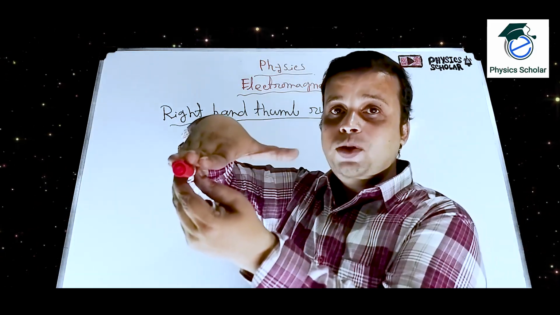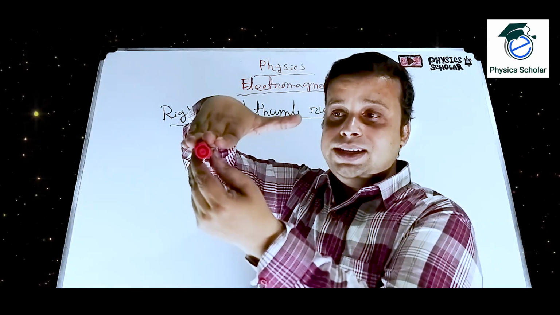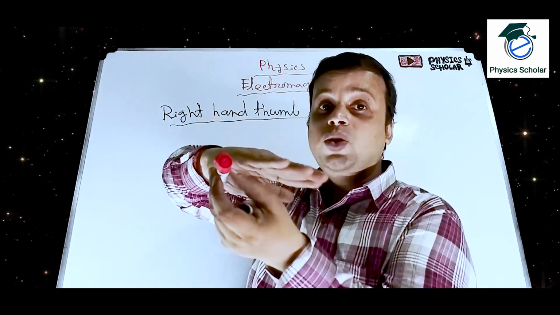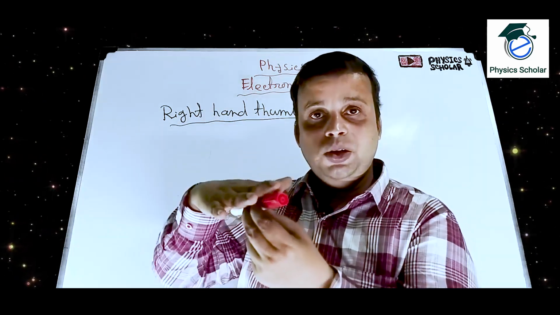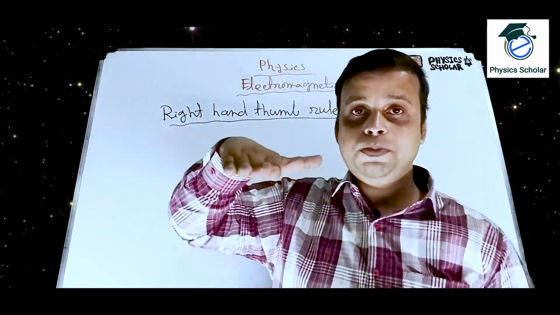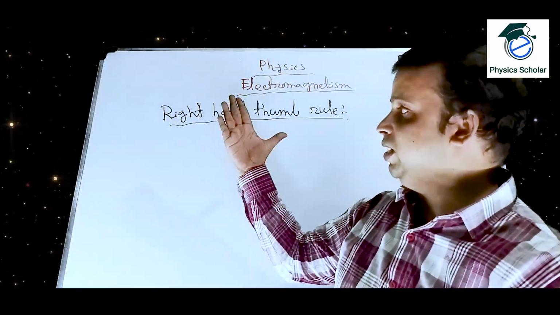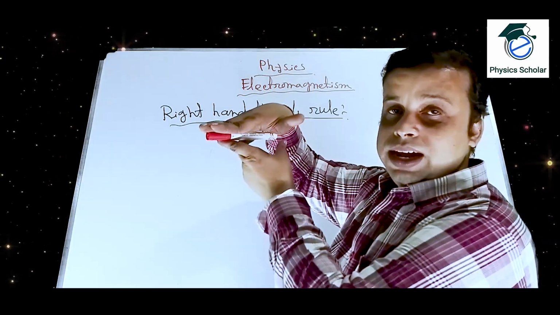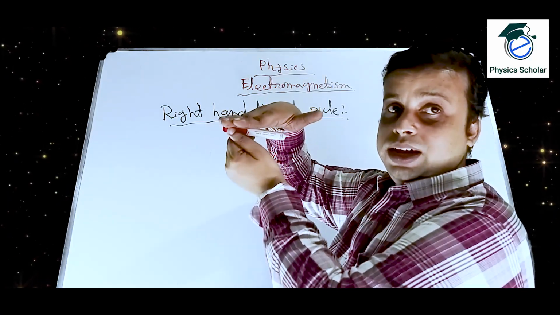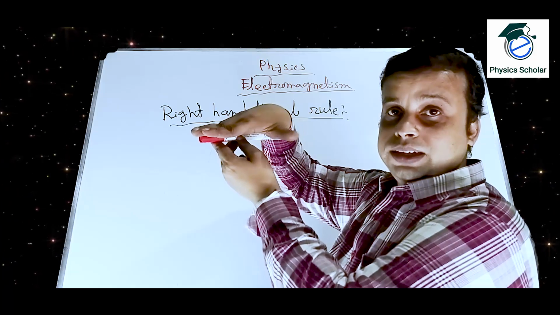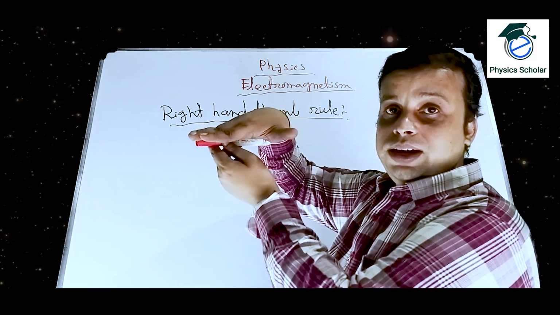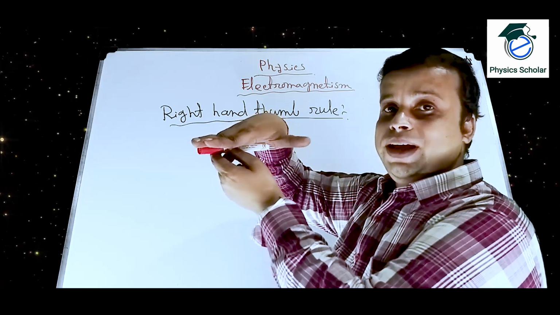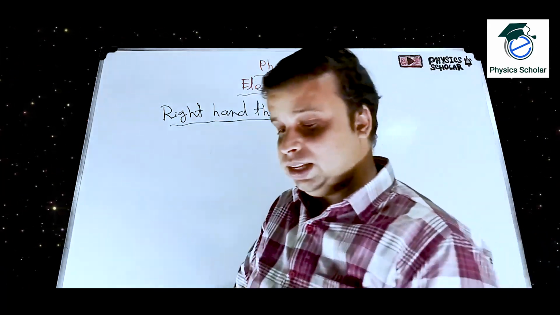The thumb will represent the deflection of the north pole of the magnet. So if we stretch our right hand, and current is flowing from the wrist to the finger in the conductor, the thumb will determine the deflection of the north pole of the magnet.